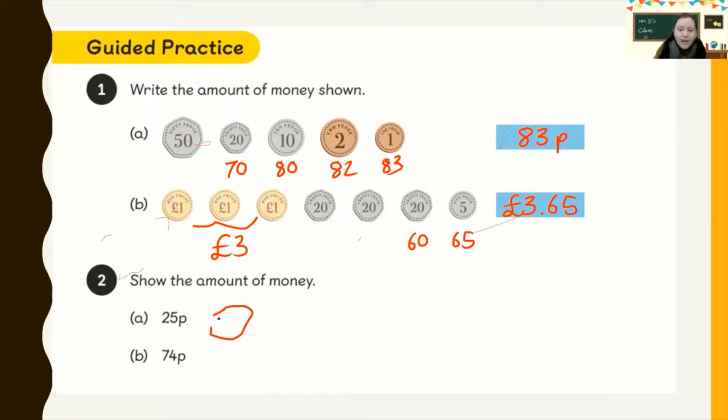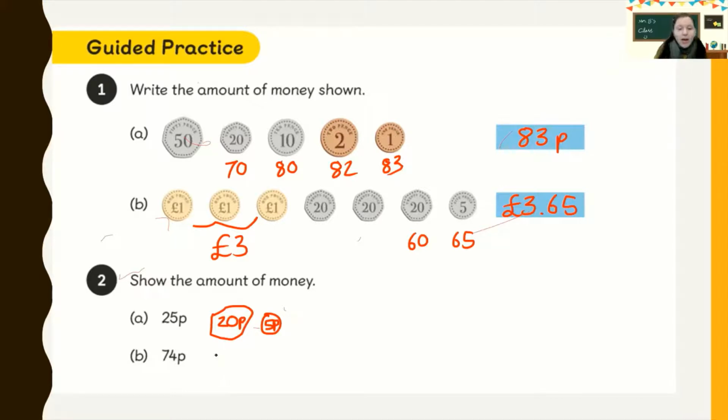What is that? Terrible. But it's meant to be a 20p. Okay, so we've got 20p, we need 25. What else do we need? 20 add something is 25. 25 take away something is 20. What's our missing number? It's 5. Fantastic. Tiny little 5p. You could do that many other ways.